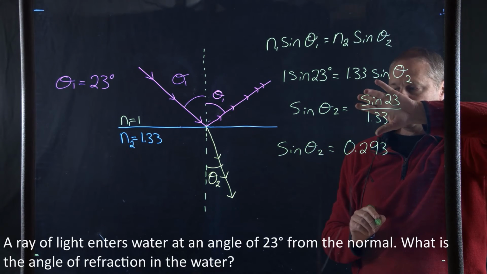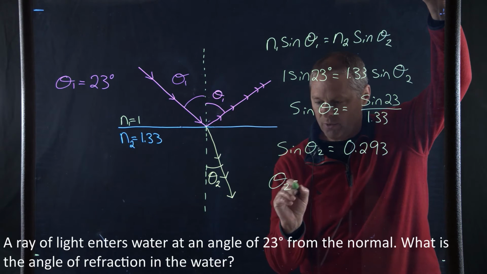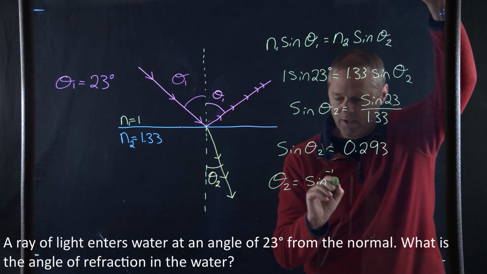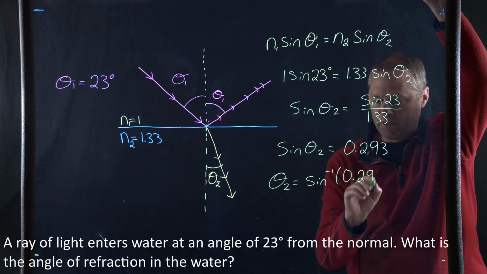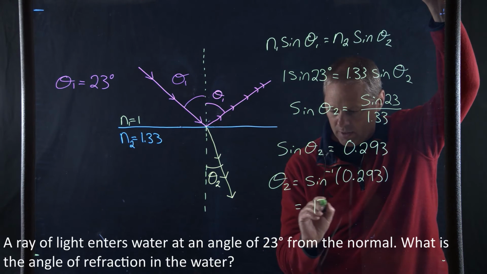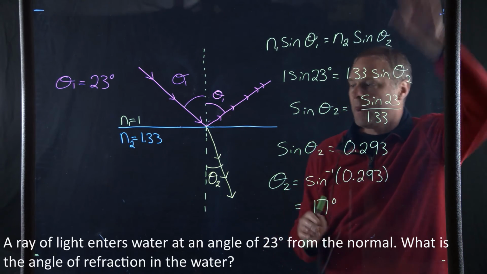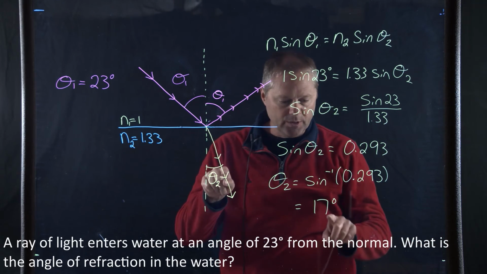That's what this term is going to be equal to. We then take theta 2 is equal to the inverse sine of 0.293, and this will be equal to 17 degrees. So the angle theta 2 is going to be 17 degrees.